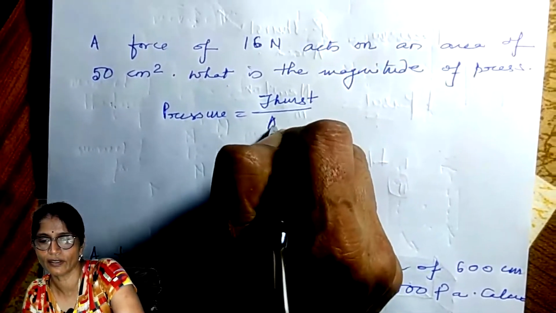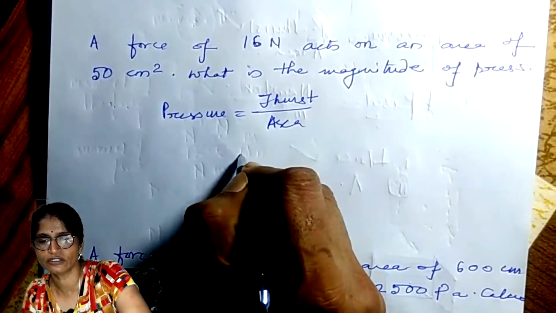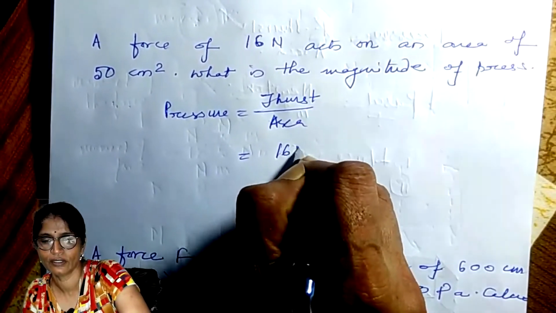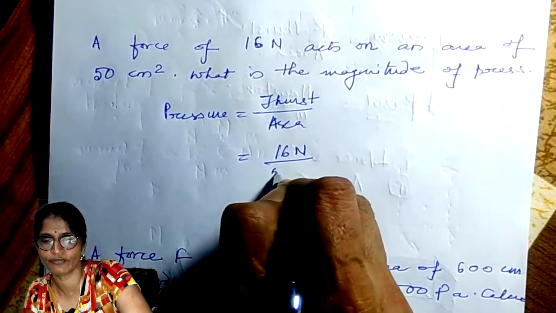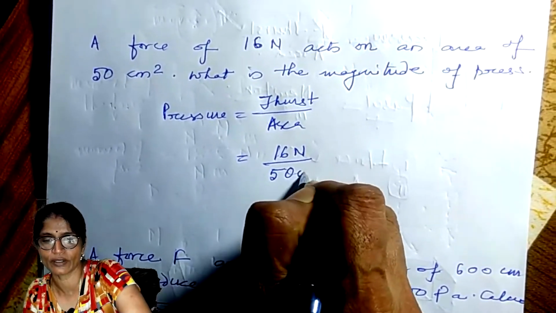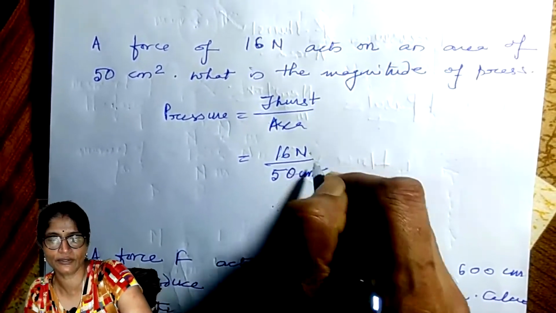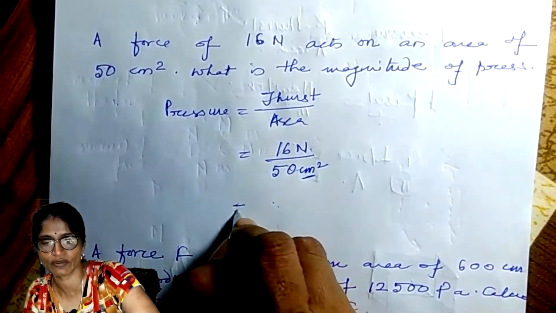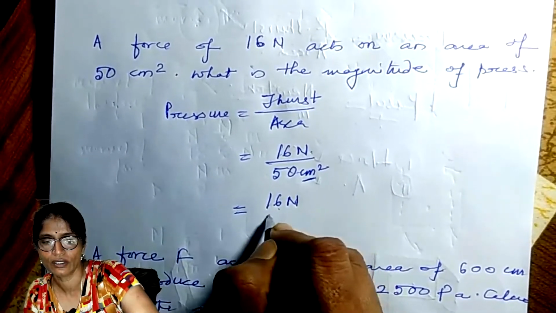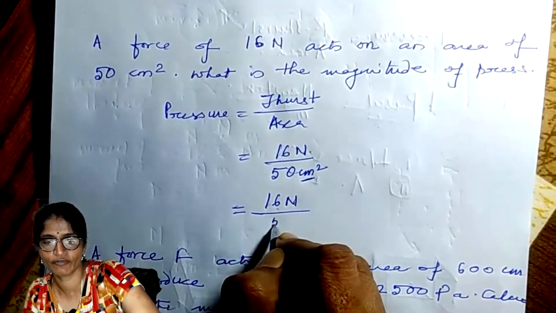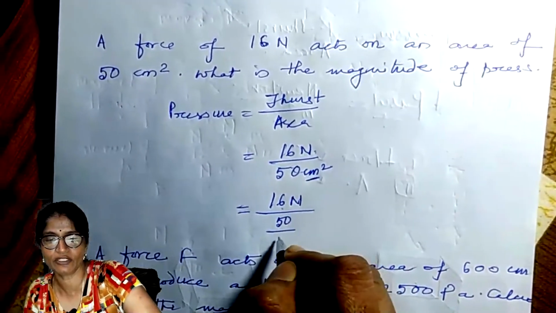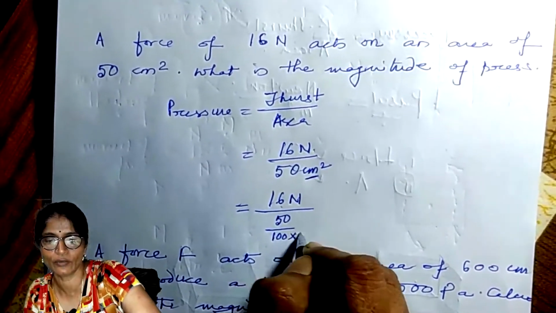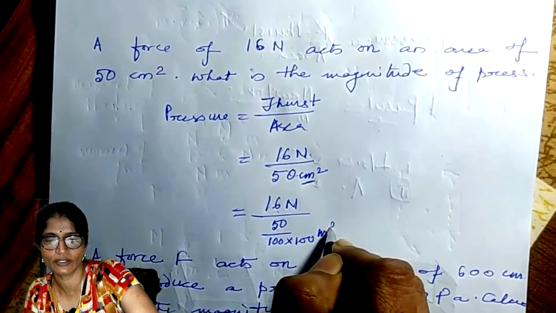Pressure is equal to thrust divided by area. Now thrust is given to you, that is 16 Newton, and area is given to you, 50 centimeter square. But Newton is the SI unit and centimeter square is not the SI unit. We have to convert it into meter square first. So 16 Newton divided by 50, and centimeter square means 100 into 100, then it will be converted into meter square.